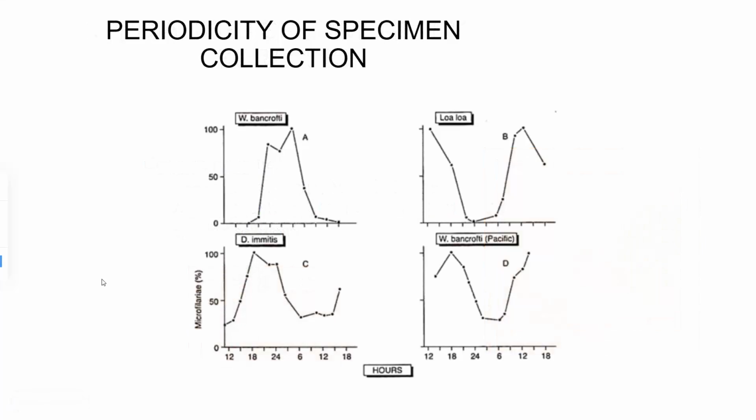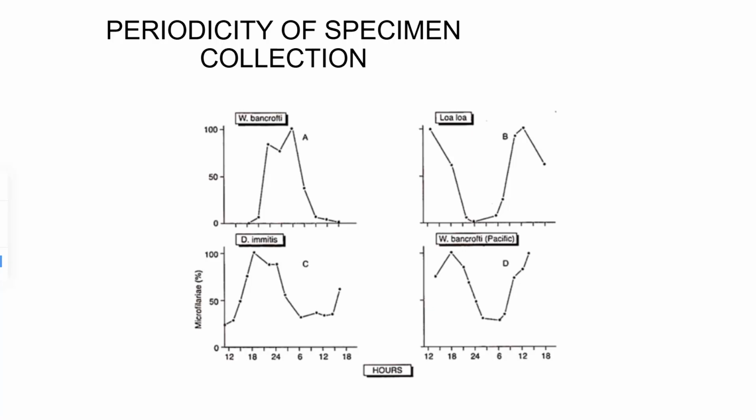The periodicity of specimen collection. So as I mentioned, certain types of parasites, especially parasites that we're trying to isolate from the blood, will retreat into particular parts of the body, and then they'll come out into the bloodstream during certain times of the day. And we don't really know what organism is causing the infection, so we have to collect blood specimens at various times to try to catch it when it's actually in the blood.